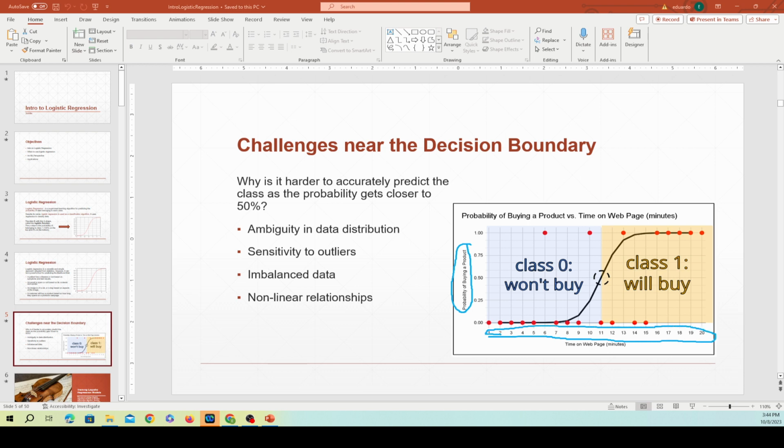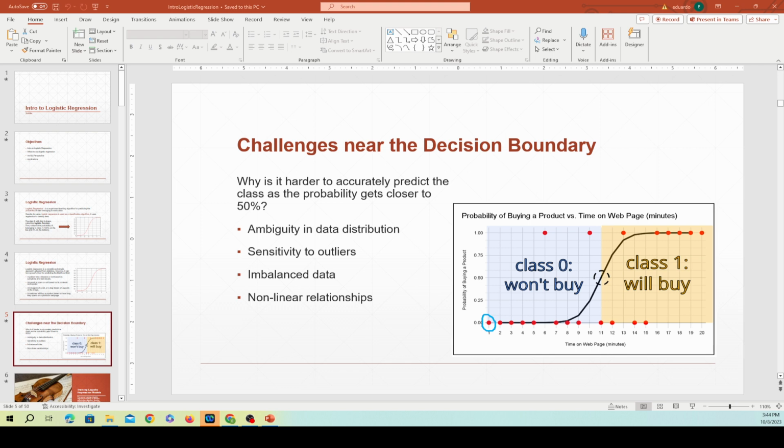So in here, we're saying that if the customer spends 1 minute on the website, then the probability that they're going to buy the item is practically almost zero.